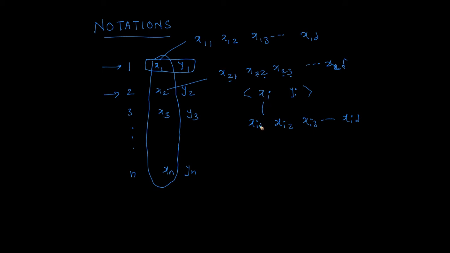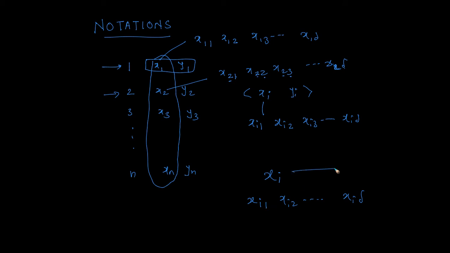So this is ith data point, first feature, ith data point, second feature, ith data point, third feature, and so forth. So the notation is, I am representing xi as xi1, xi2, and so forth, xid. The first index represents it's the ith data point, and this one represents the feature.